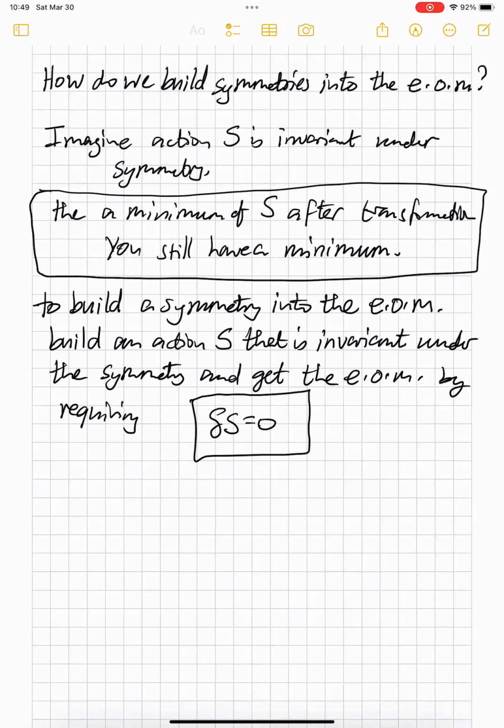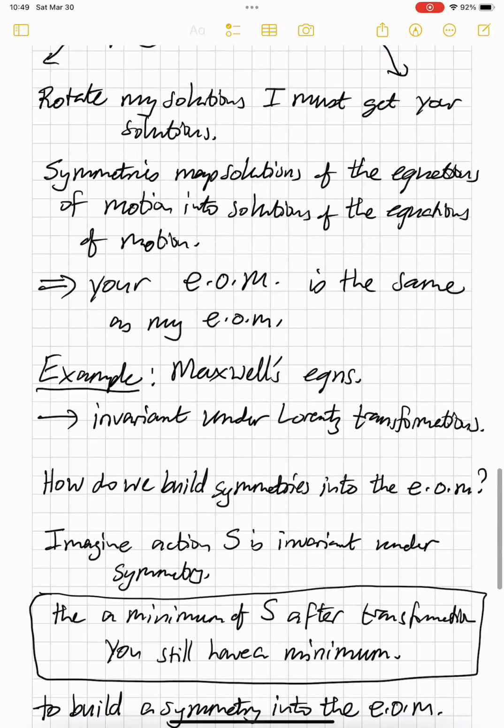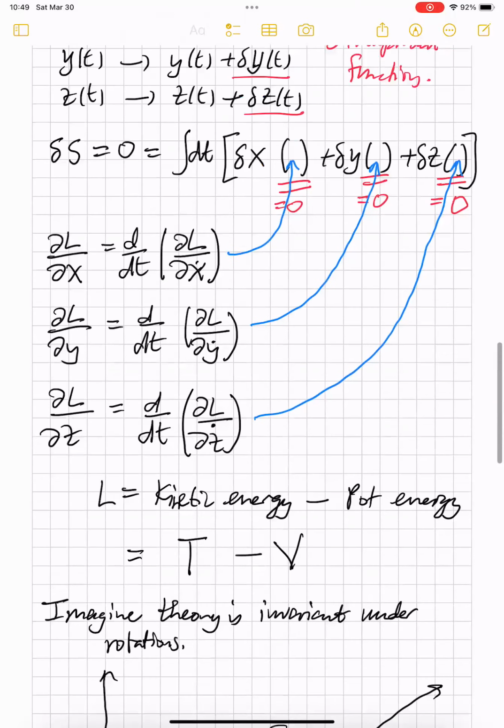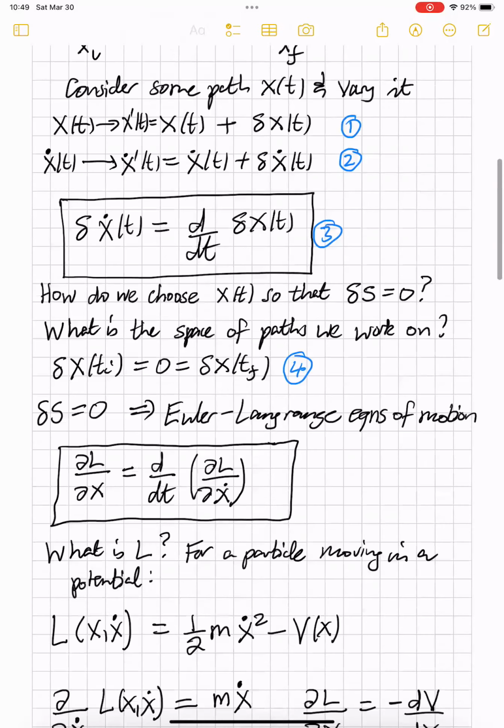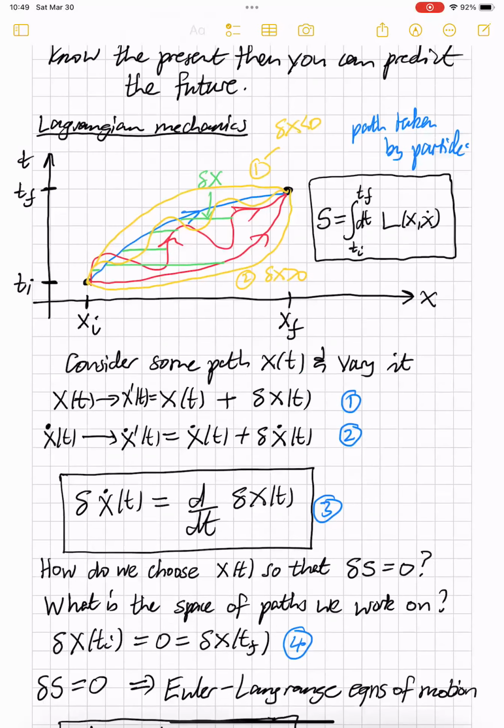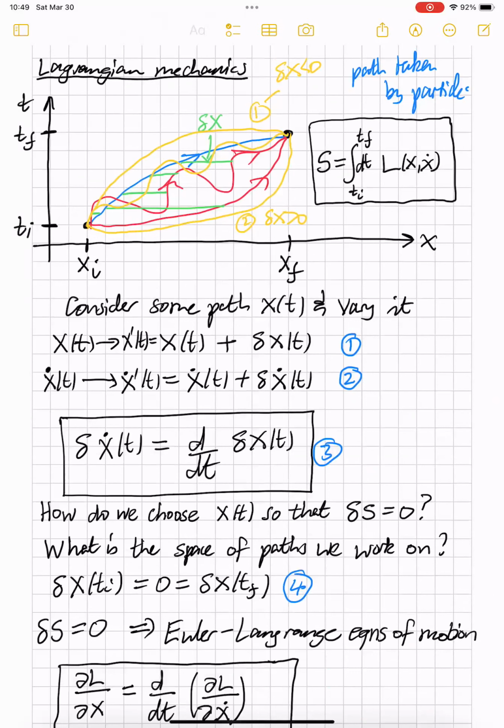Okay, and that gives us now Lagrangian mechanics. So what were the key features? Let's just summarize a little bit. The key feature of Lagrangian mechanics is that determinism is certainly not manifest.